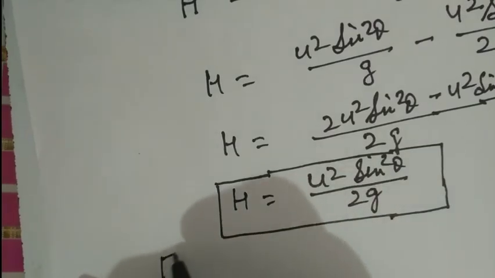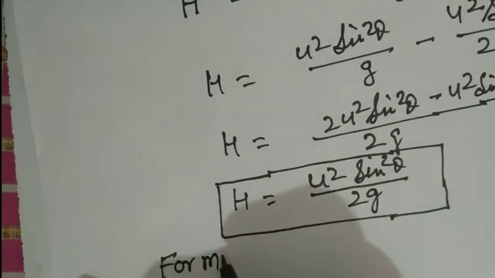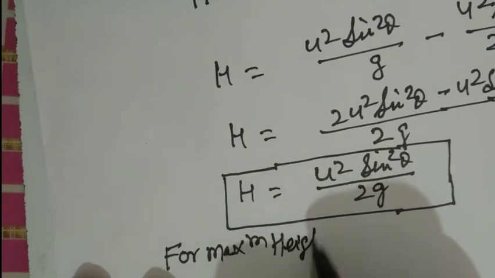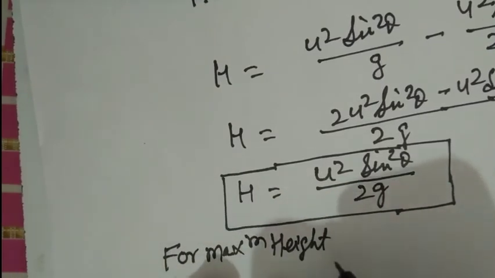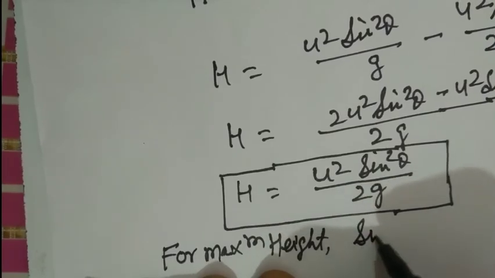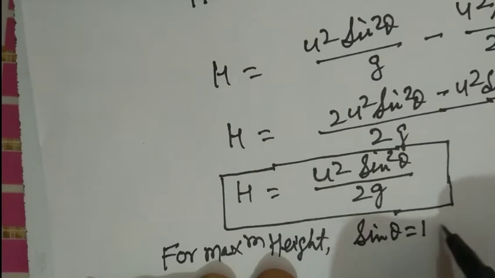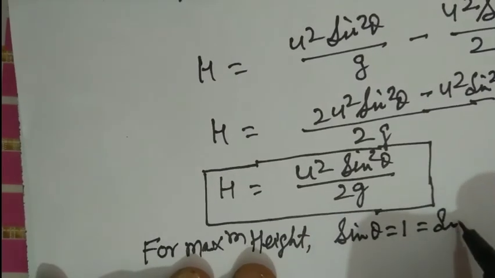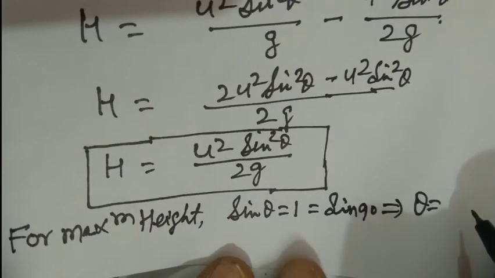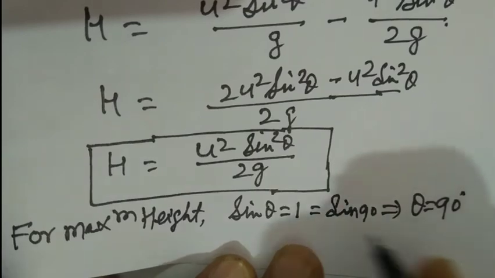When will the height be maximum? It will reach the maximum height when sine theta is equal to 1. That means sine 90 is equal to 1, so theta is equal to 90 degrees.